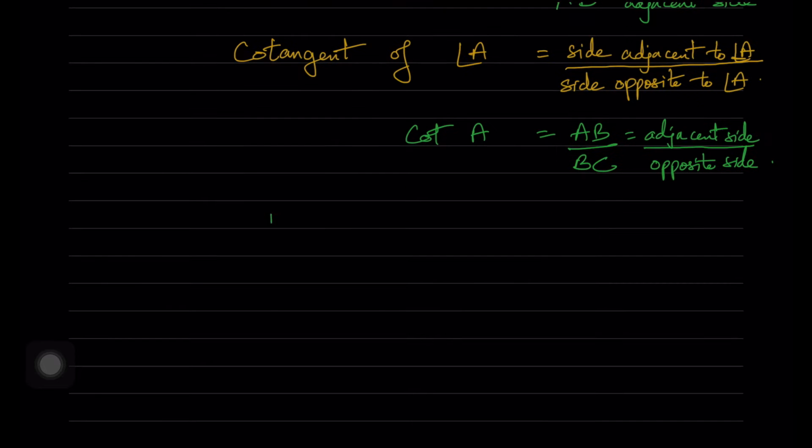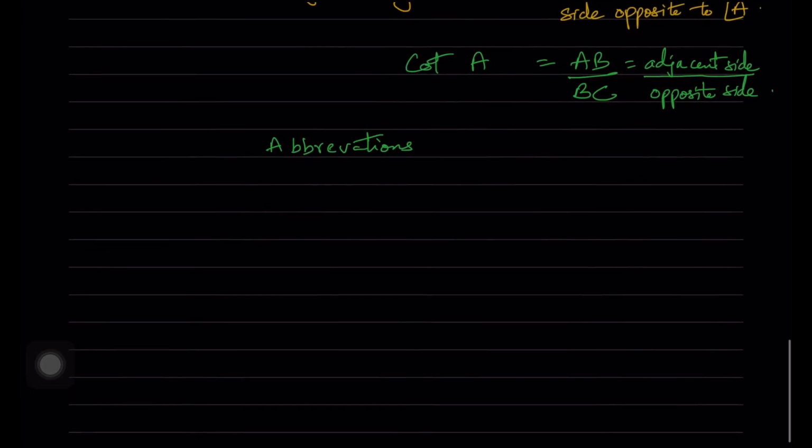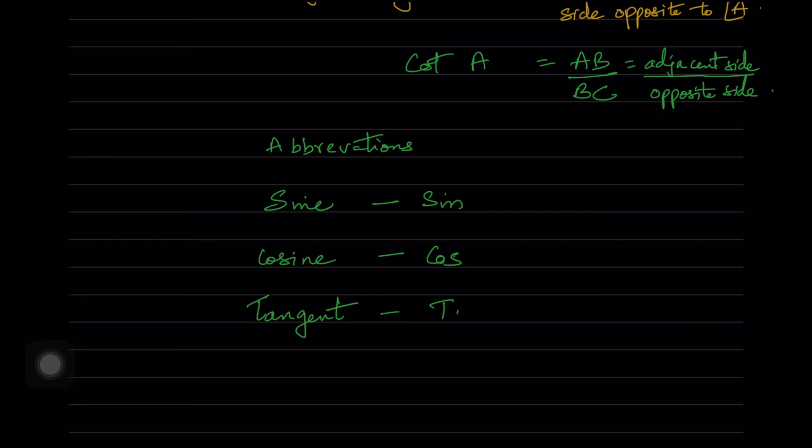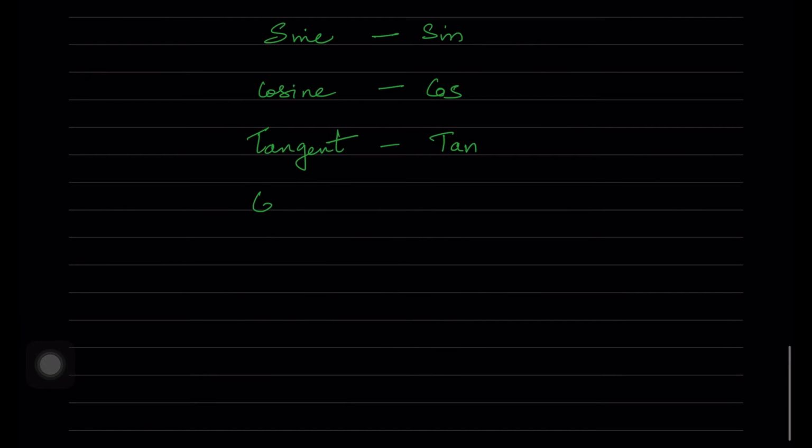Now we have written all the ratios and even the abbreviations. Again, I'm just writing them over here, and how they are related to each other. Sine is abbreviated as sin, cosine is cos, tangent is tan, cosecant is cosec, secant is sec, cotangent is cot.